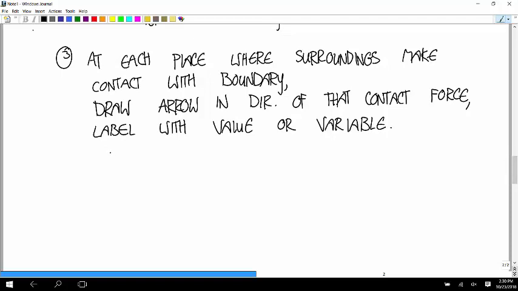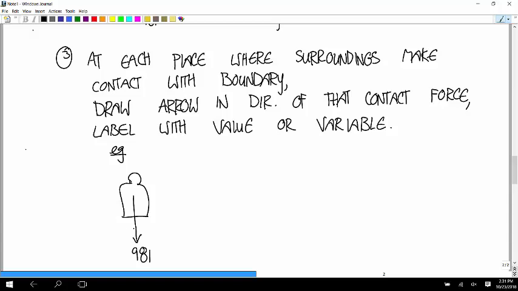So for the man on the scale, there's the outline. We have the downward force of 981 newtons. Where are the surroundings in contact with the boundary? Only the scale touching the feet. There's also air molecules touching his skin, but just like in free fall, we've always ignored that, and we're mainly going to always ignore that unless it says something specific about a wind and how much force it applies.